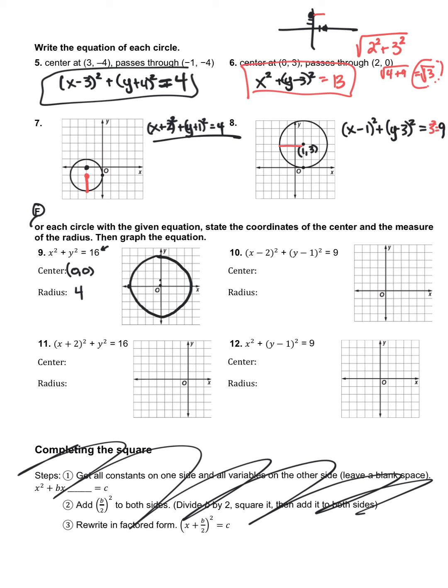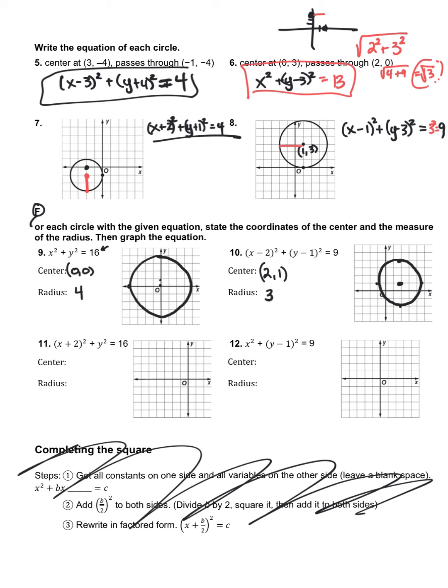Okay, next one. Our center is going to be at 2 and 1 because it is x minus h, there's our h, and y minus k, there's our k. Our radius is the square root of 9, which would be 3. So I come on here, I find the point 2 and 1, and I go out 3, up 3, back 3, and down 3 from that, and then I draw a circle through those points.